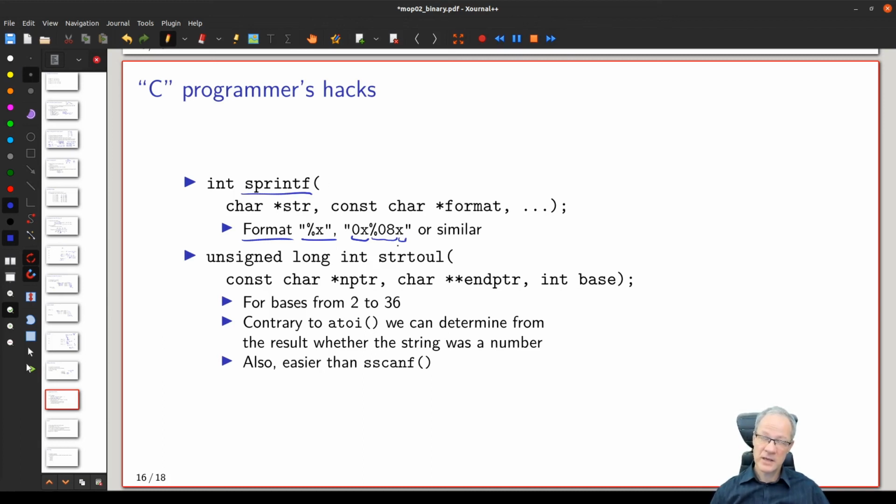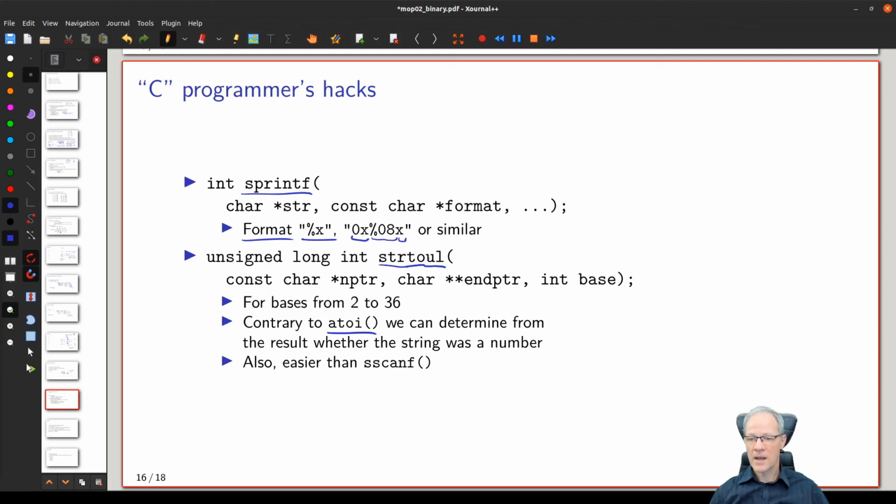Now there are dedicated functions for converting between different bases, such as atoi, atol, and so on, meaning string to integer. Or you can use string to unsigned long, strtoul, that's what it stands for.